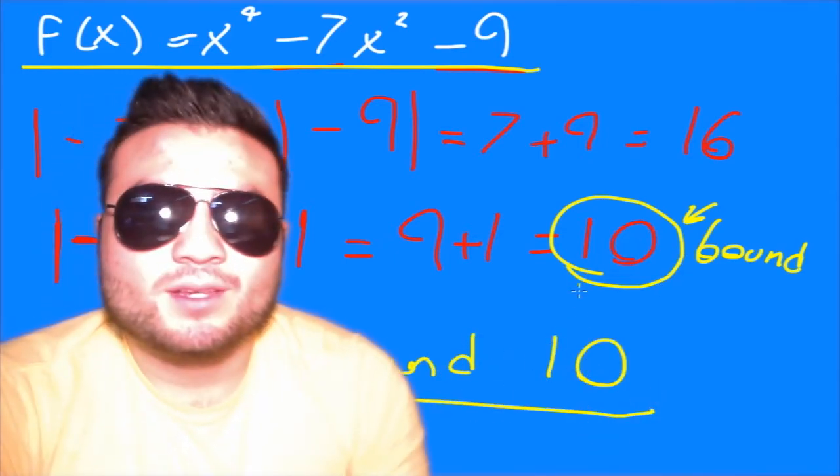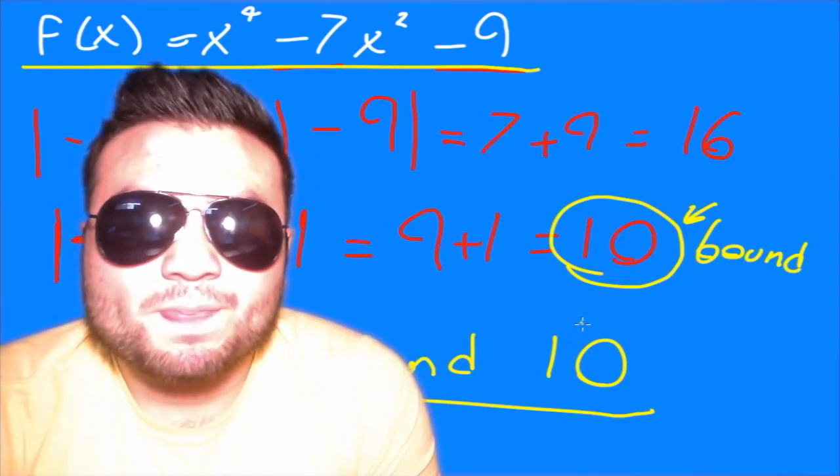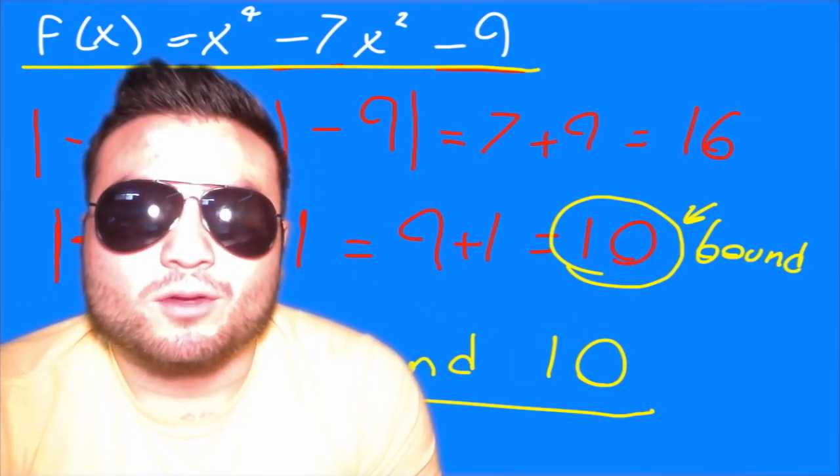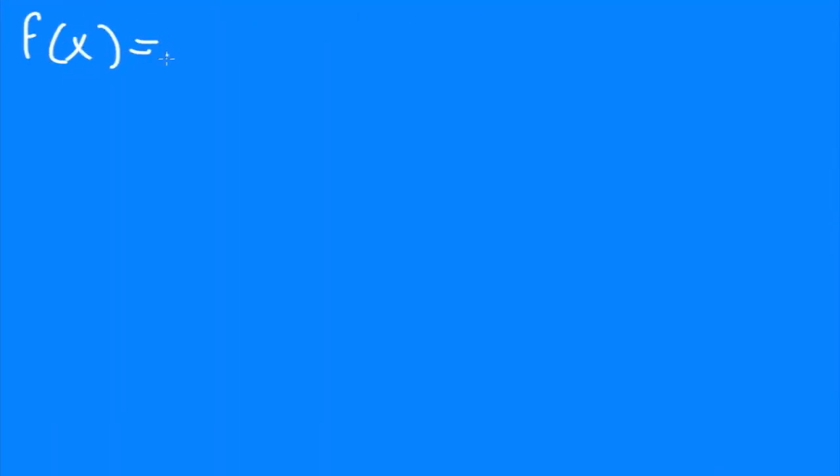Come on, look at me. Let's try another: f of x equals x to the fourth plus 8x cubed minus x minus 6. All problems are different, so don't think that just because you saw one, you'll know each one of them. So what are we going to do here?